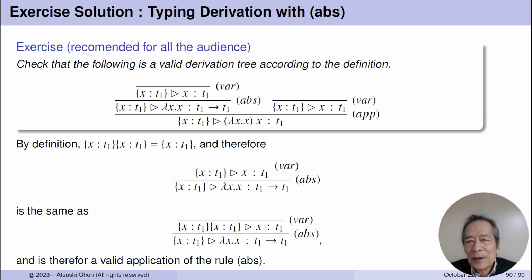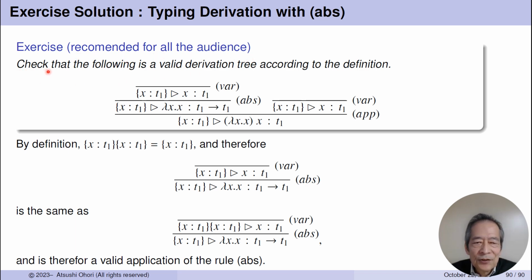This is the final slide of today's lecture, the lecture of video number 6. I gave an exercise about typing derivation with ABS, abstraction, and this is a sample exercise solution. The exercise is this one. I said recommended for all the audience.